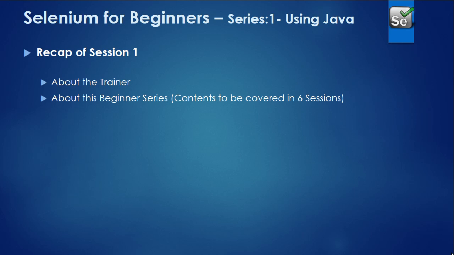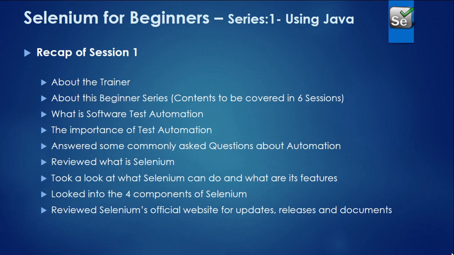Next up, we covered the actual contents of the first session, which included questions like what is software test automation, what is its importance, and answered some commonly asked questions about automation. Next up, we reviewed what is Selenium and had a look at what Selenium can do for us and what are its features. We also looked into the 4 components of Selenium, and lastly we reviewed the Selenium website to see where we can get Selenium.